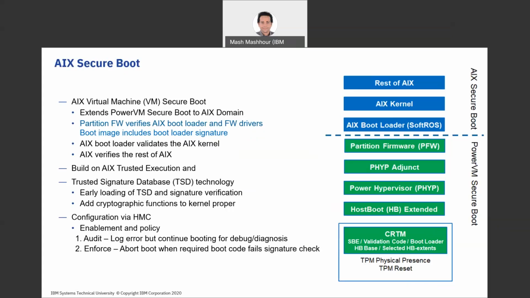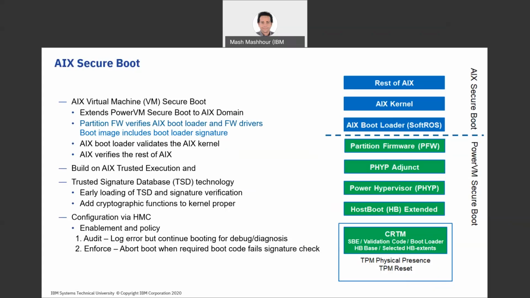The secure boot is also built over the trusted execution, which uses the trusted signature database technology, of course. In this case, the early loading of the TSD, or security database, and signature verification is being done. Moreover, cryptographic functions are being added to the kernel.